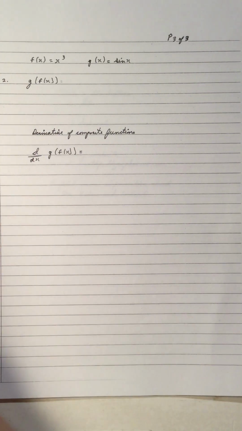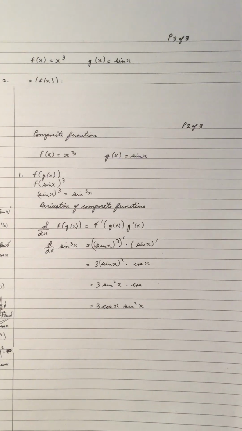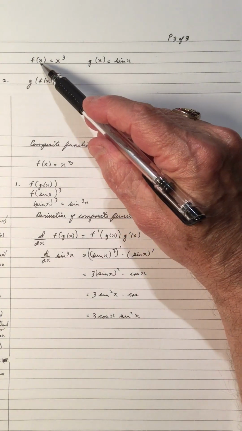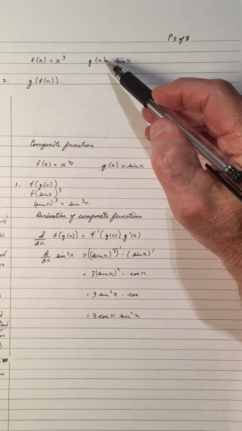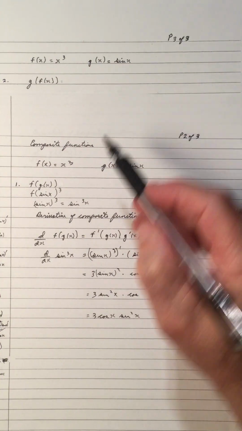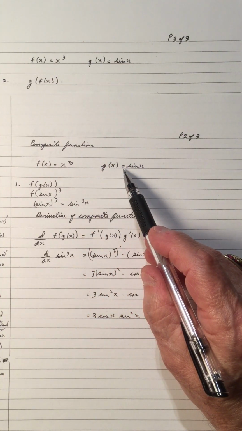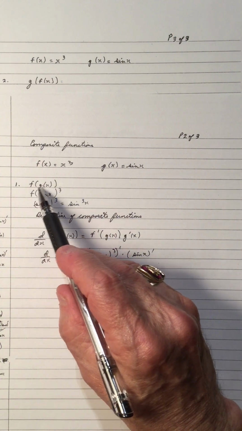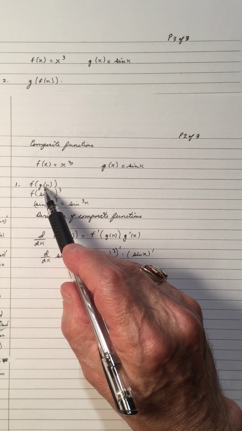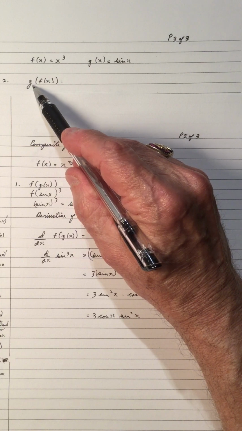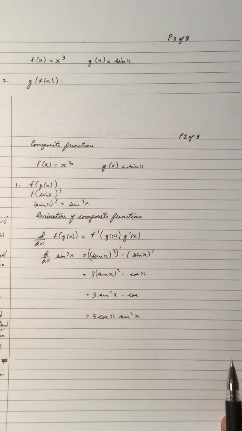So I want to show you now, I reversed it. I did f of x equals x cubed, g of x is sine x, same as right here. In the last one, I did f of g of x. Now I'm going to do g of f of x.